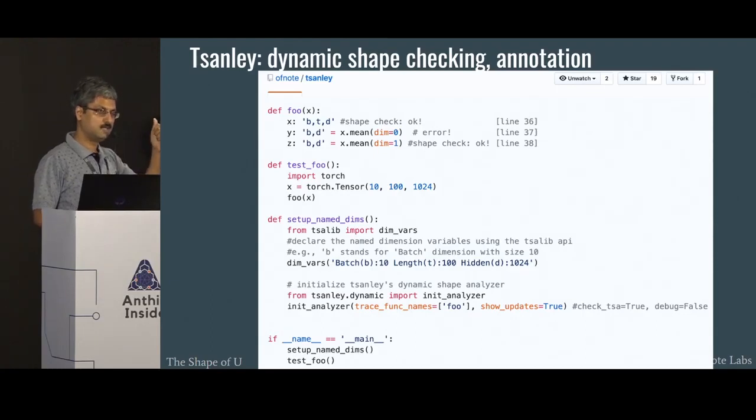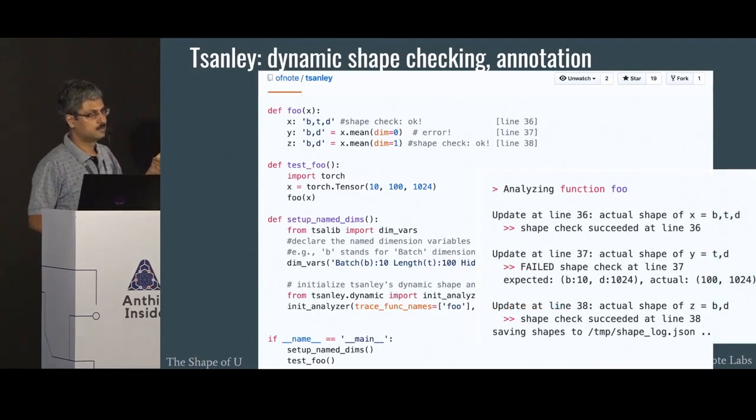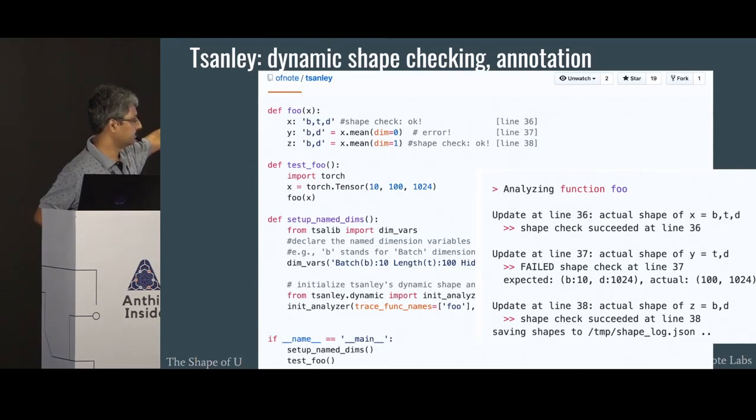So we track shapes, but we need assertions there. The idea is to use these labels as implicit assertions. And when you have these assertions, the tool can run and just point out the error. So at line 36, it's good. That's the shape you specified, and that's the shape of the actual runtime value. On the next line you expected BD, but in fact it's TD, so the runtime gives you an error.